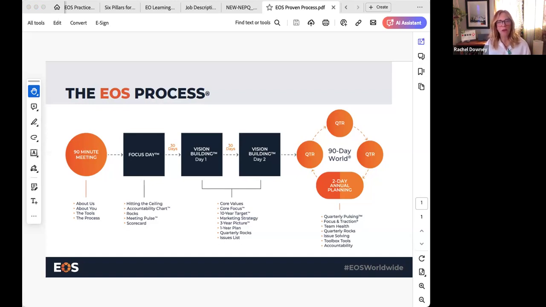You could plan for a typical State of the Company meeting to take place about a week or so after your quarterly meetings. So again, looking at the 90-day world part of this graphic, after each of our quarterly sessions that you schedule, you can schedule the State of the Company address within a week or so, week to 10 days after that session.